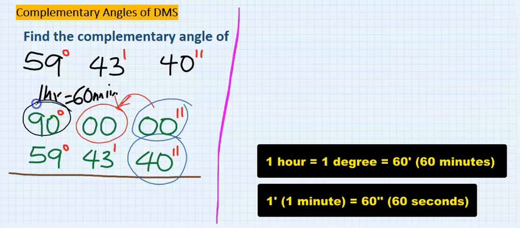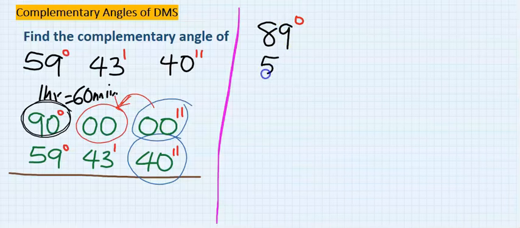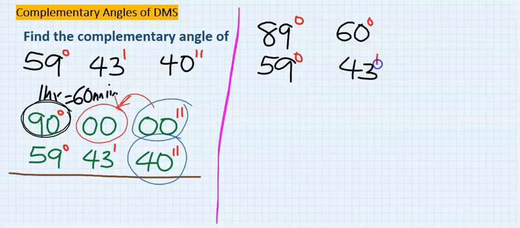Hence, if I remove 1 hour here, I'll be left with 89 degrees. And here still remains 59 degrees. The 1 hour I borrowed, which is 60 minutes, will make here 60 minutes, while here still remains 43 minutes.